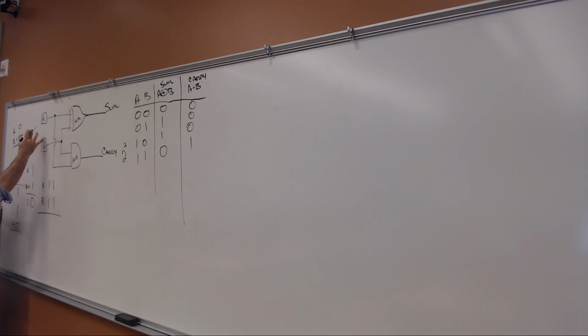Ones place, I can plug this in. 1 and 1. It's going to yield a 0 with a carry of 1. When I get to my 2's place, I can still plug my 1 and my 1 in, but what about my carry? Where do I plug my carry in to my circuitry?